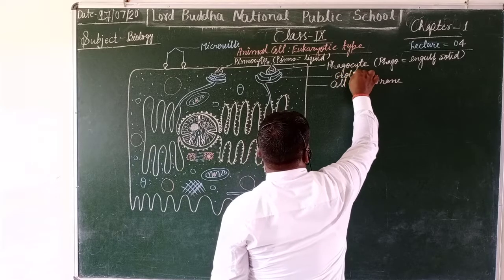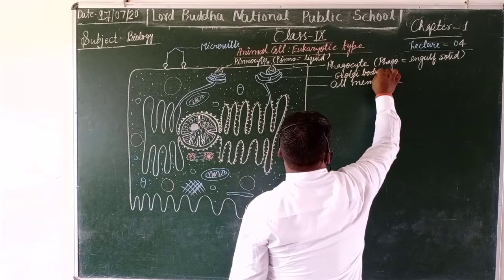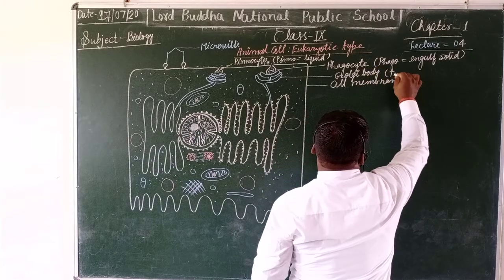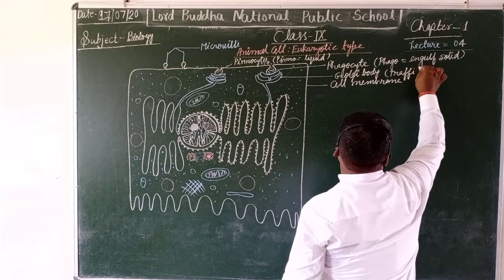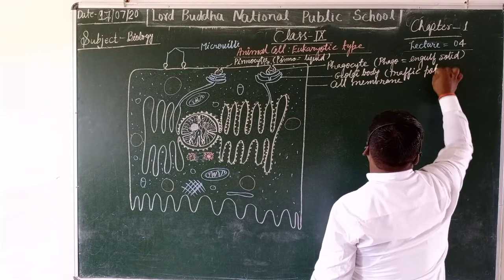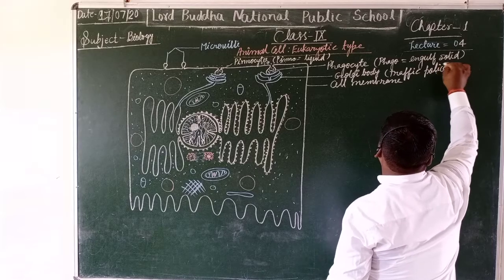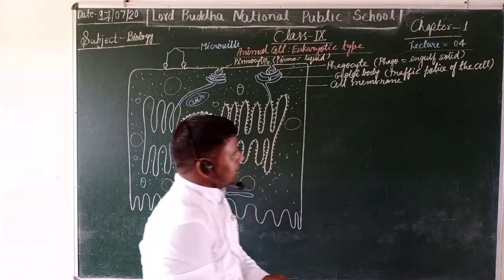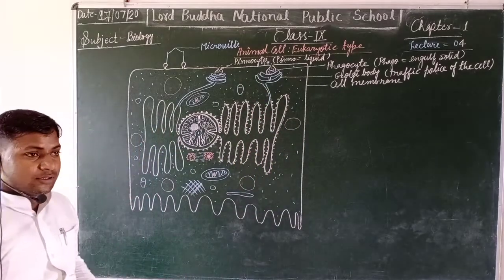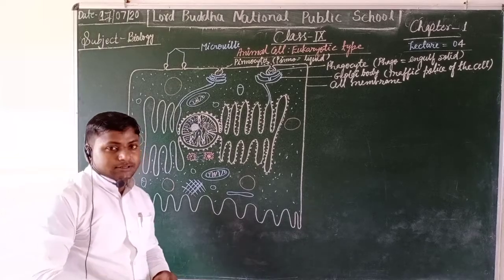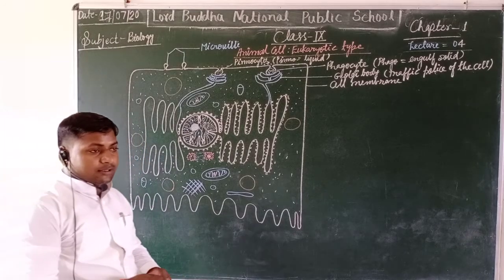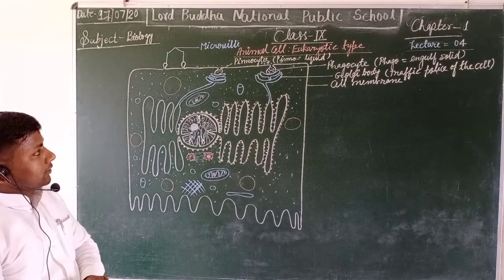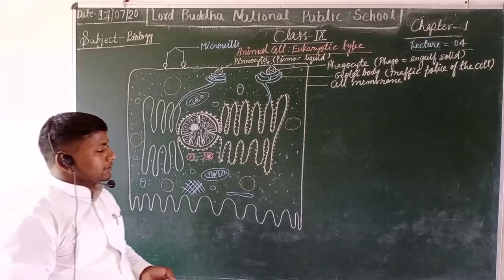Golgi body, also known as the traffic police of the cell, because it helps in checking the substances which enter the cell and has the ability to identify the kind of substances found in the cell.